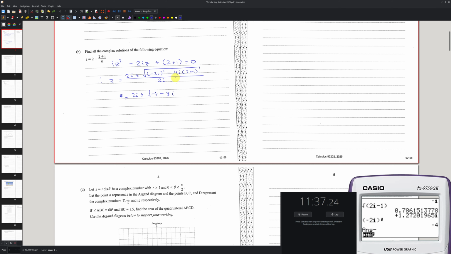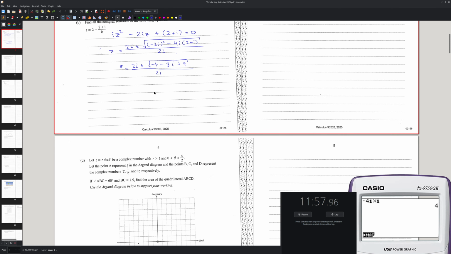Okay, and then what's minus 4i? Minus 4i times i. That's 4. Wait. Yeah. Oh. Real. Okay. So, yep. So that's 2i plus or minus, wait, that still makes no sense though.